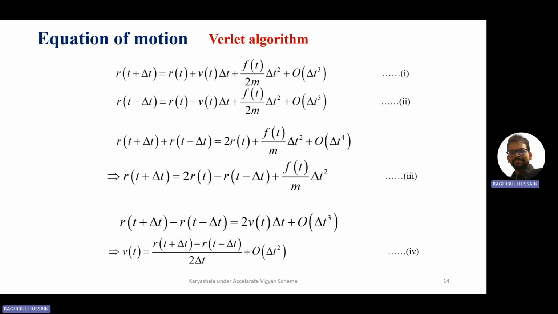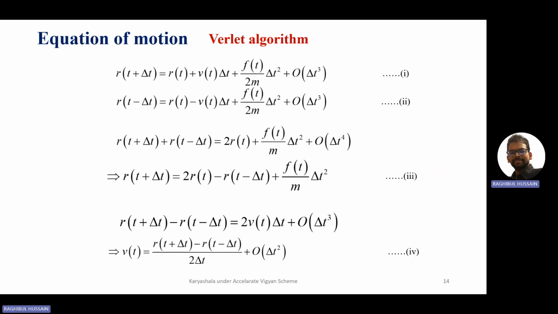see the Verlet algorithm. So the Verlet algorithm is nothing but the Taylor series expansion, Taylor series expansion of the position vector. So let's say our present position is r at t, and I want to move to my next time instant, which is r at t plus delta t.